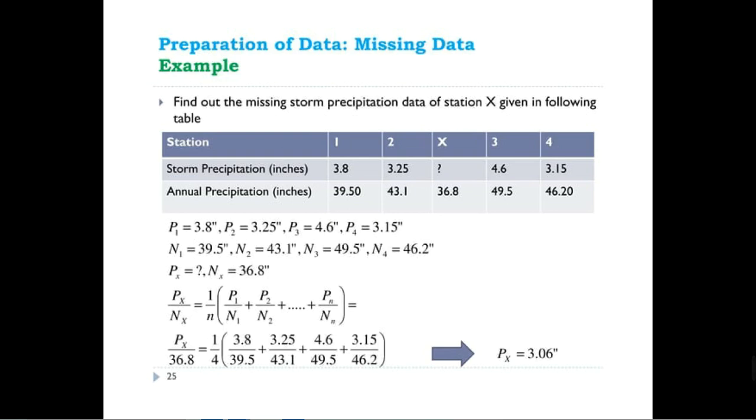Storm precipitation: P1 is 3.8, P2 is equal to this one.